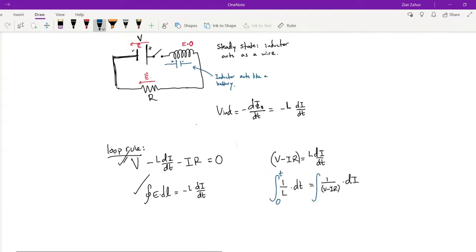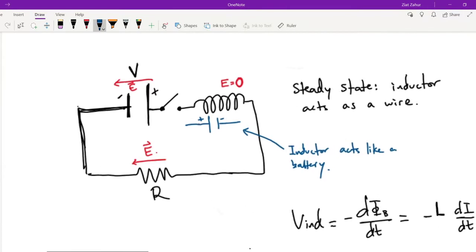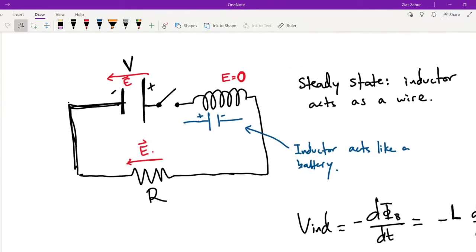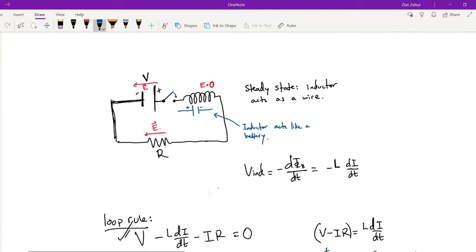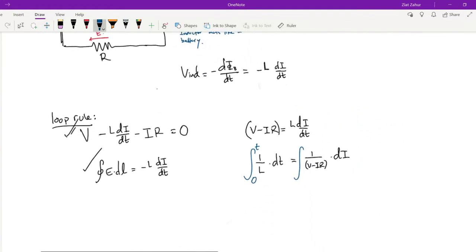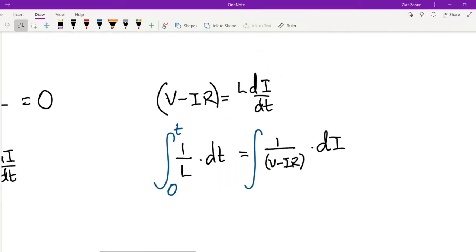Let's take a look at the circuit again. Here's the circuit. At 0, the switch was open. We have to close the switch first, and then time starts. So we start with 0 current.